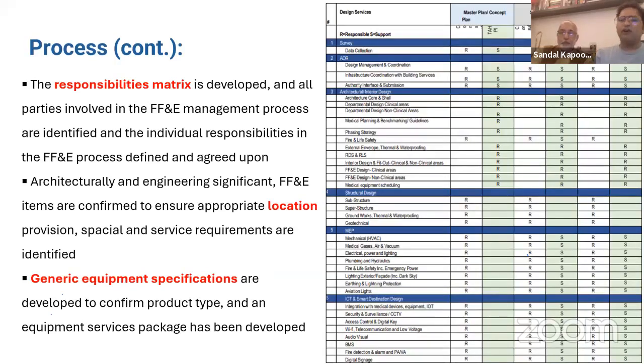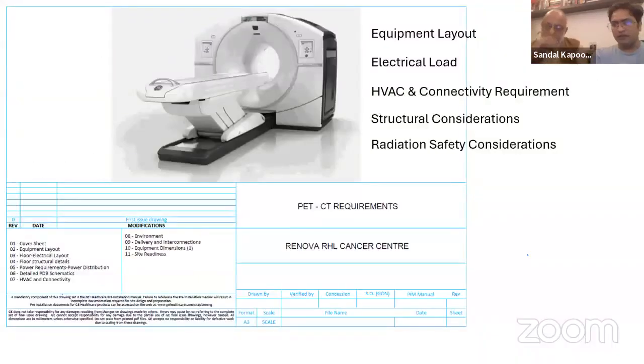So we have to develop our specifications afterwards to confirm the product type, and equipment service packages have to be developed afterwards. We have to put in a contract that we get the latest version of the equipment or the machine which we had ordered.